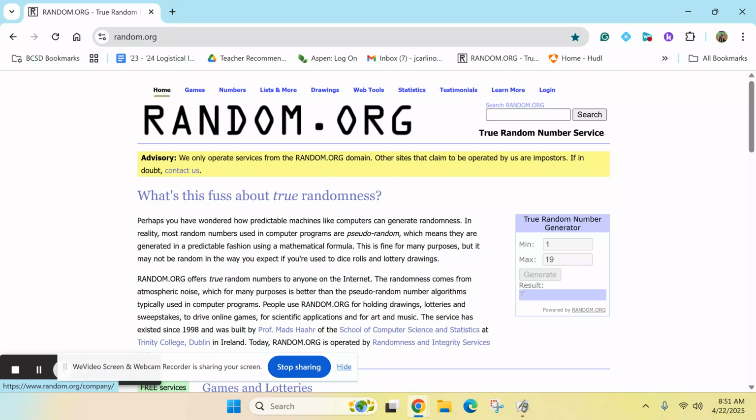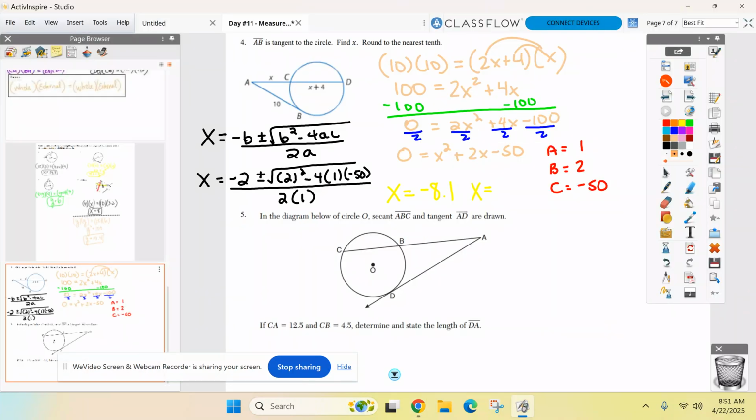Yes, Jesse, good work. Good talk over there. Taylor, what's your deal? How about the positive version? Okay, so you got the negative 2, right? In this case it would be plus, because Maddie already gave me the minus. So plus underneath the radical, 2 in parentheses squared minus 4 times 1 in parentheses times negative 50, all over 2 times 1.